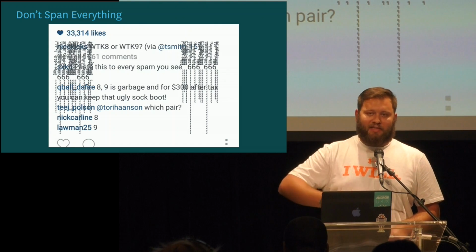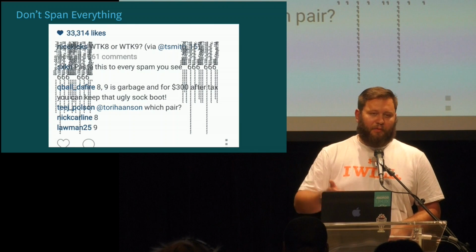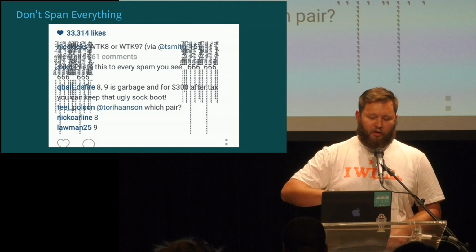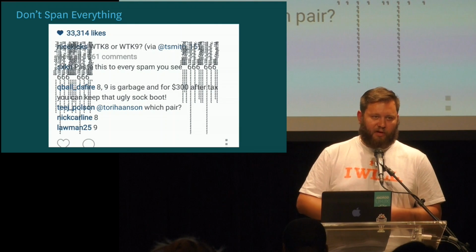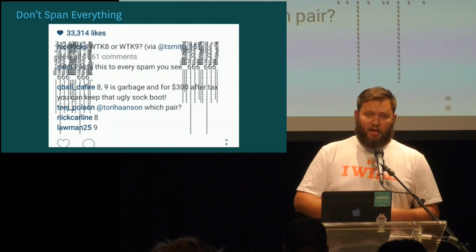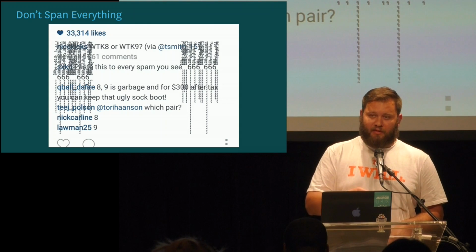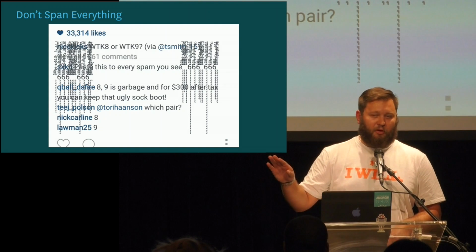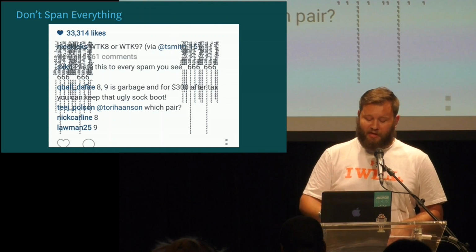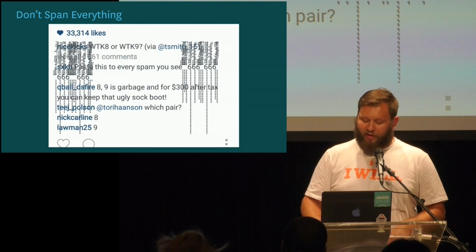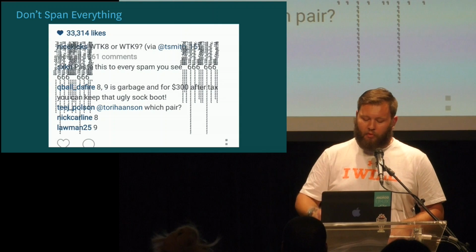But just realize if you have user-created content, this is the potential thing you could be getting yourself into, and this puts more importance on using Espresso or Robolectric for system testing, so this kind of stuff doesn't happen. If you can figure out how to test for this in Espresso and Robolectric, then you should win some kind of huge award, because that would be amazing. I don't even know how you would do that. So yeah, don't span everything, try to look at both sides of it, right?